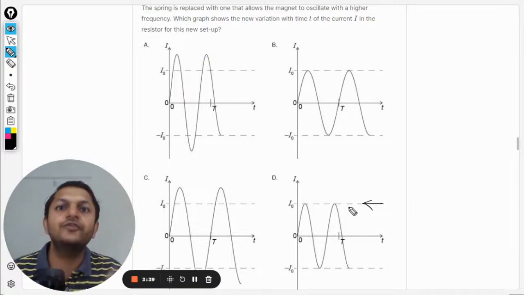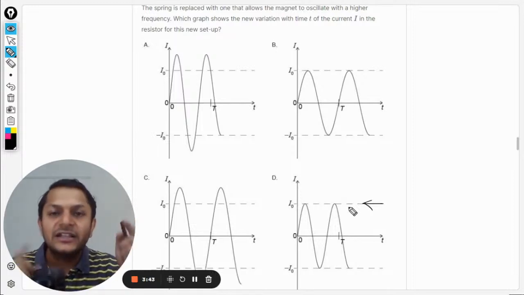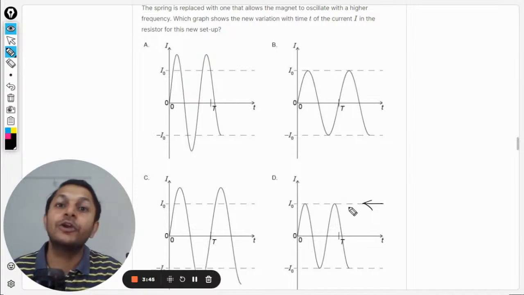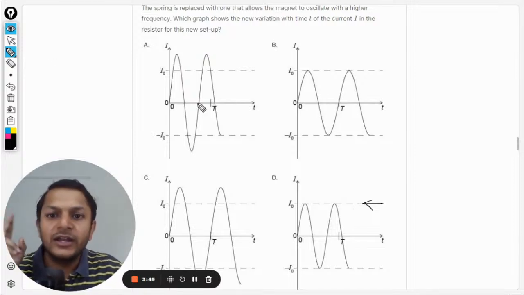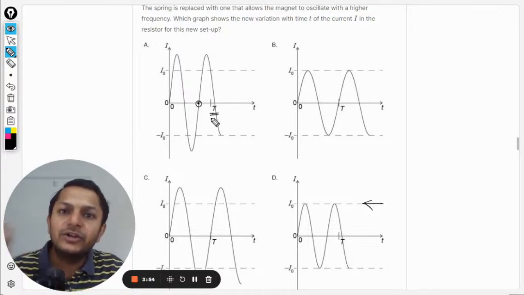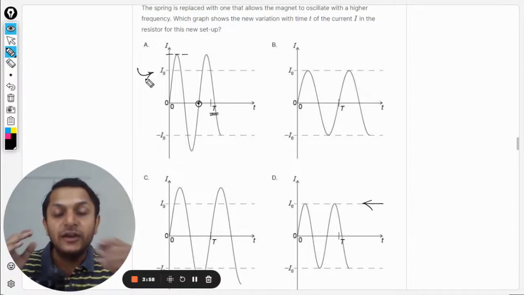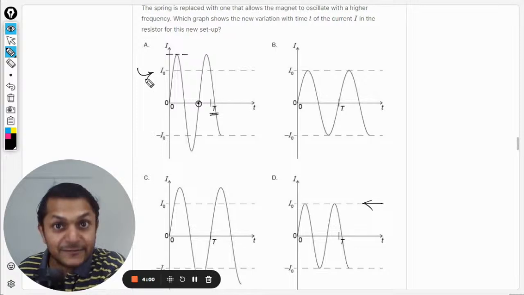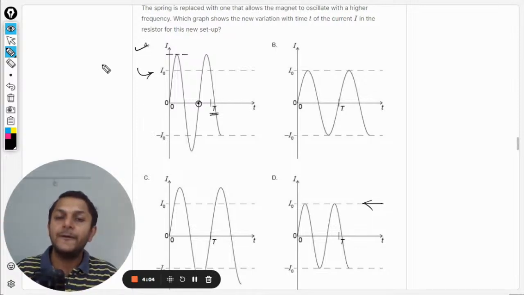So there are two pieces of information required. Number one, the time period should be lesser than the previous one. And number two, the amplitude of the current should be bigger than in the initial case. That is why we can clearly say the answer will be A.